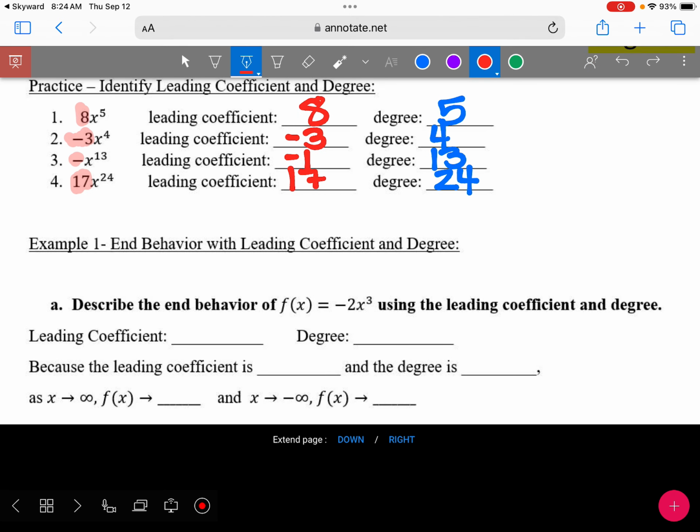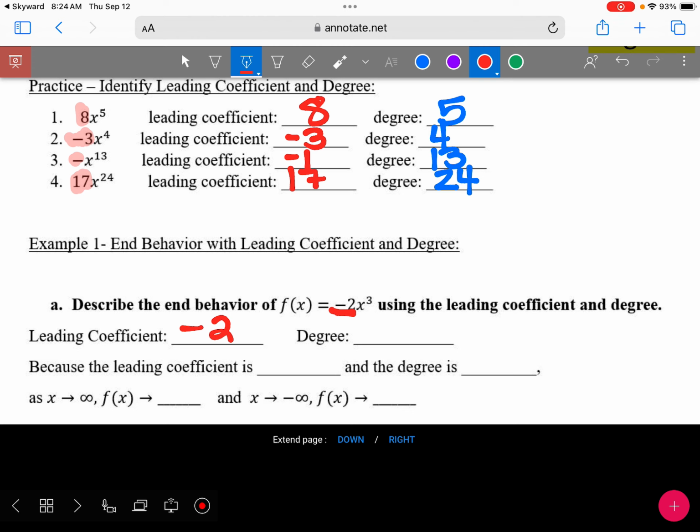So let's look at example 1. We just have examples 1, 2, and 3, and then you'll have time to work on your homework. Looking at this term, what do you think my leading coefficient would be? Negative 2. Does everyone see how we start off with a negative 2? That's my leading coefficient.